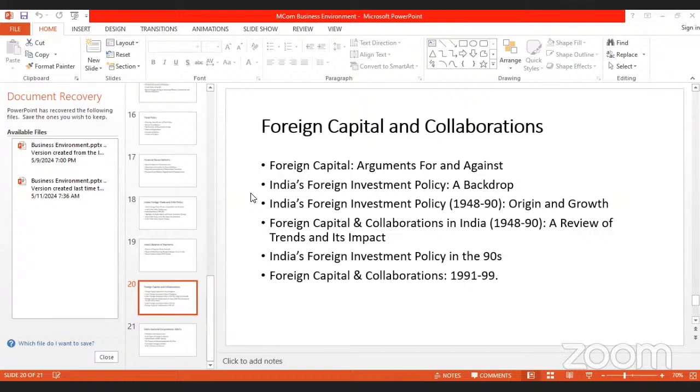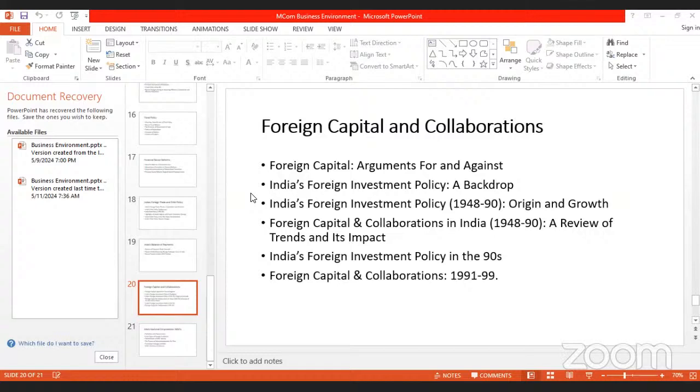Next is technology transfer. FDI often brings advanced technology, management practices, and innovation, which can enhance productivity and efficiency. Next, we have employment generation.